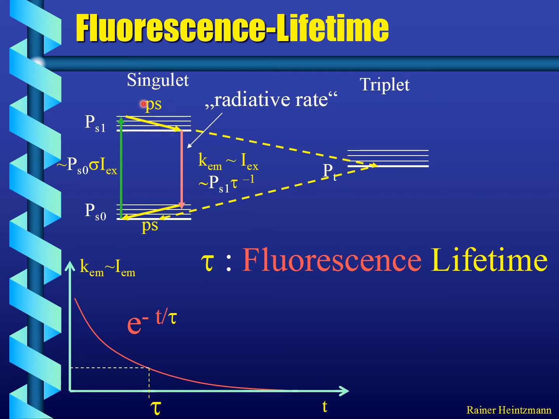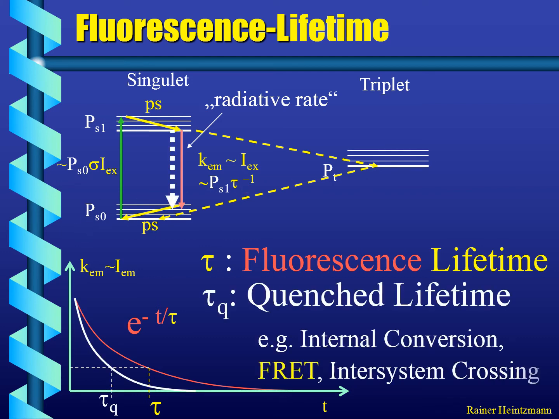For example, the S1 state can also decay or make a transition via intersystem crossing to the triplet state. And there will be some later intersystem crossing back to the singlet state, which is actually called phosphorescence. It's an emission of radiation here. And of course, there's also a non-radiative decay channel.